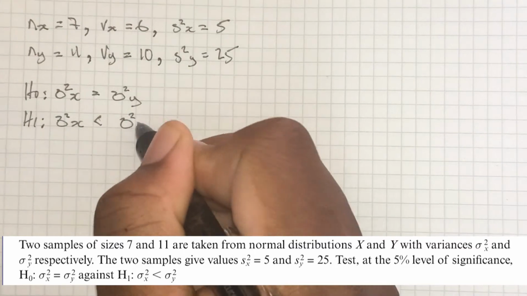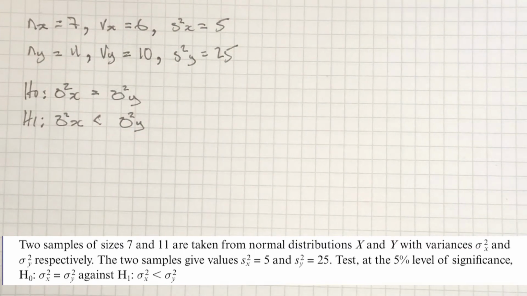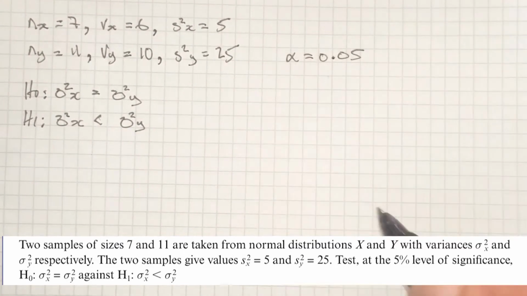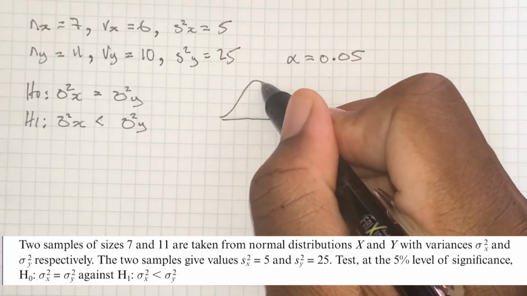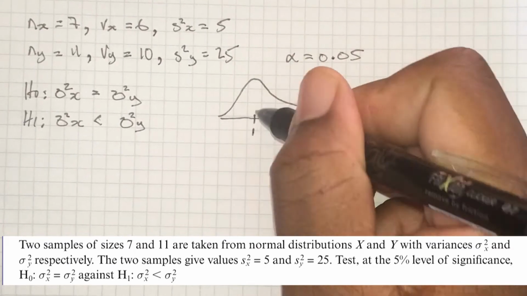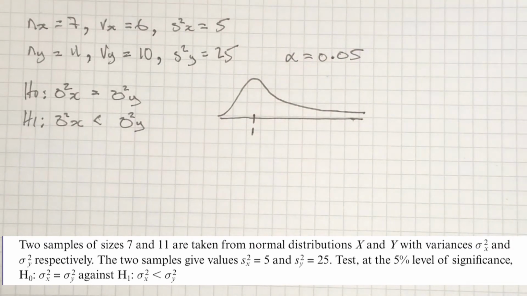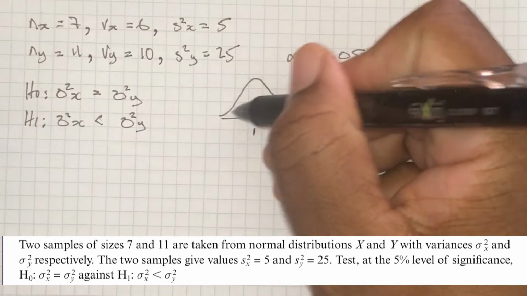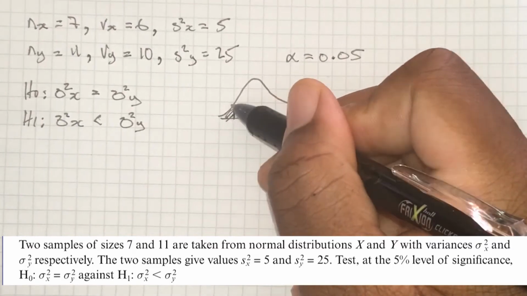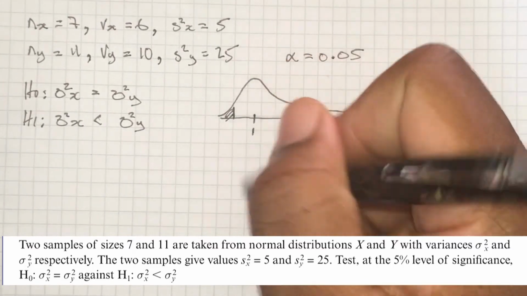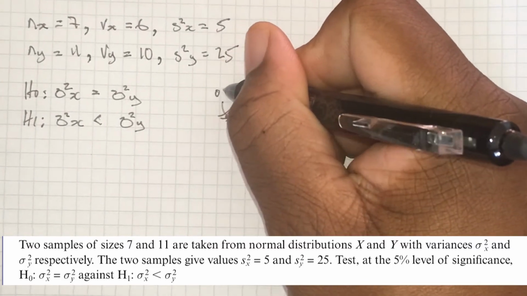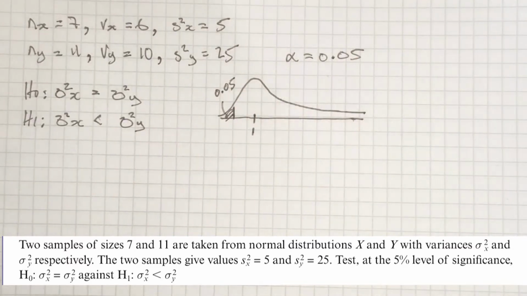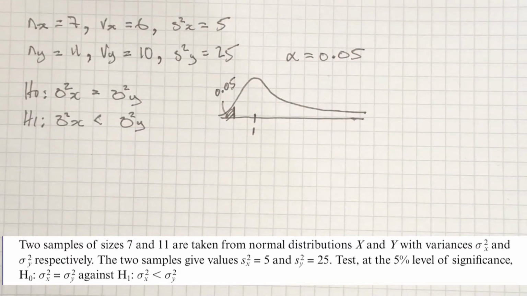We're going to set our significance level at 5%, and then state our hypotheses. On the diagram, I'm going to shade the critical region off in the left tail. So let's anticipate that the critical value we calculate should be a value smaller than 1. I'm looking for a value below 1.